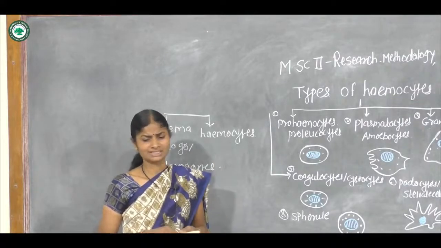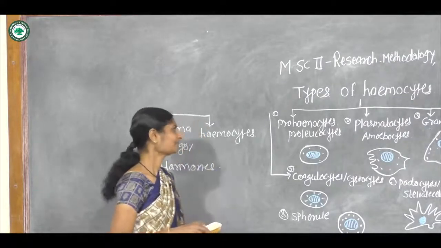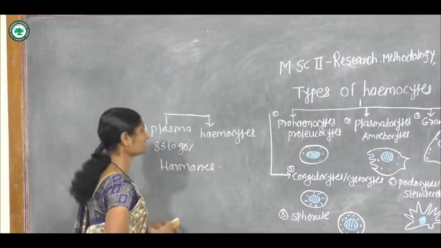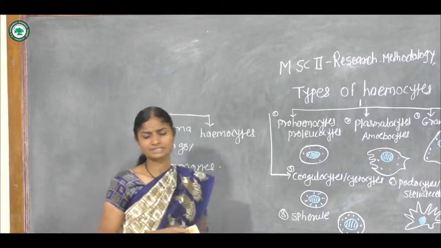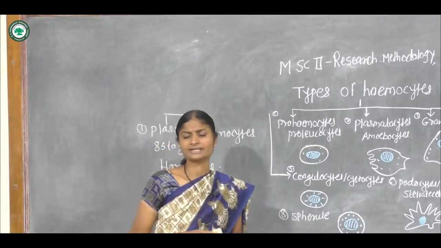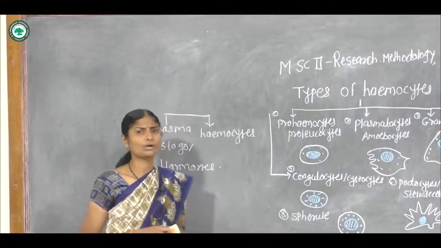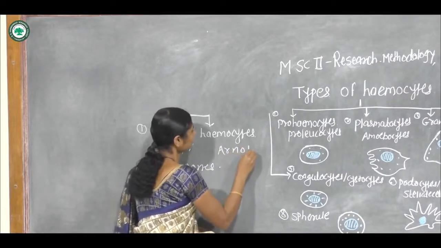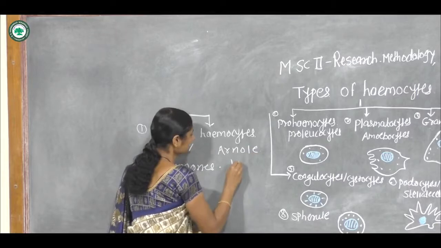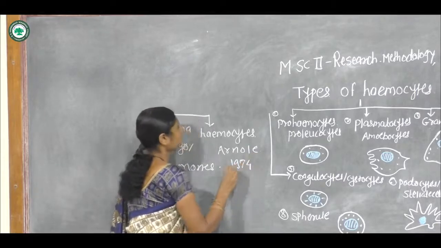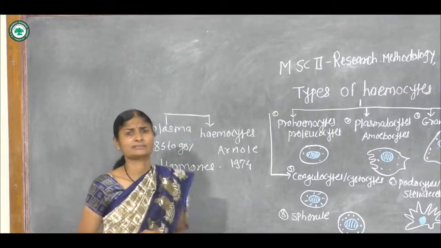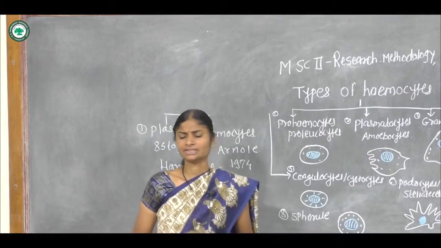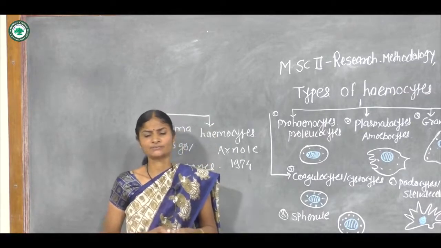Next point is hemocytes. These hemocytes were first discovered by the scientist Arnold in 1974.